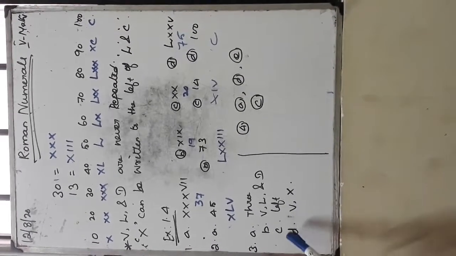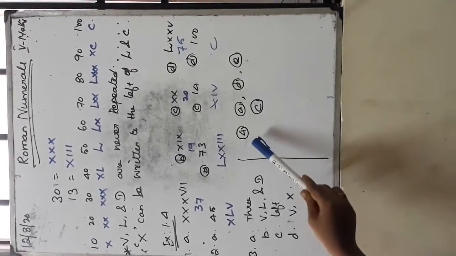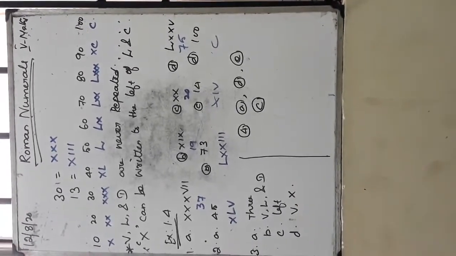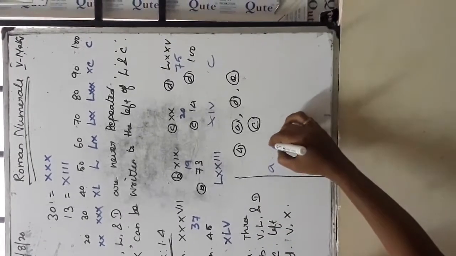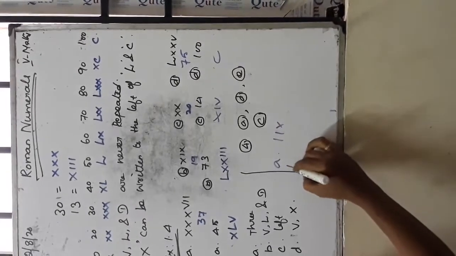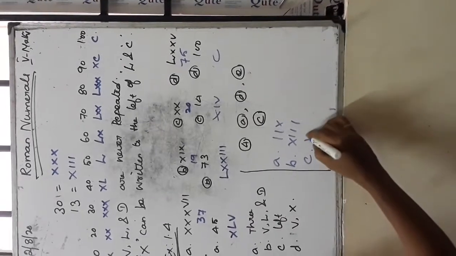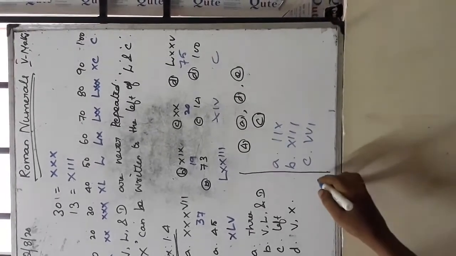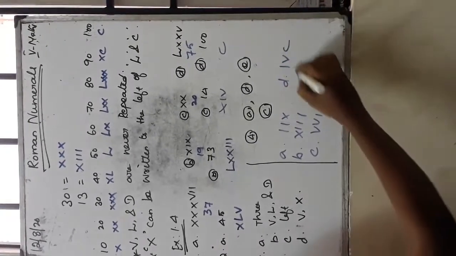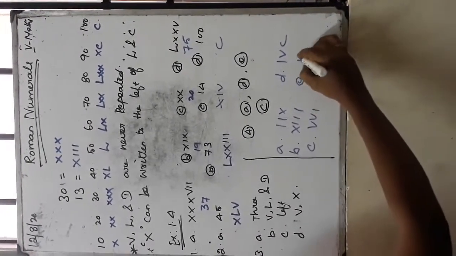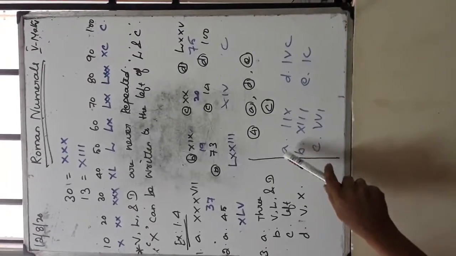The last subdivision is: which of the following are meaningless? A is IIX, B is XIII, C is VVI, D is IVC, E is IC. So which one is meaningless?